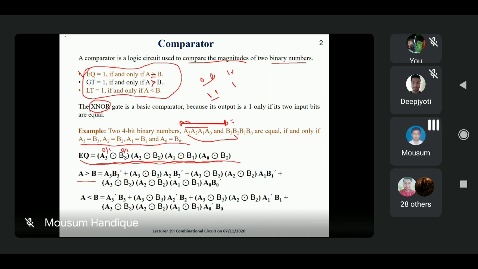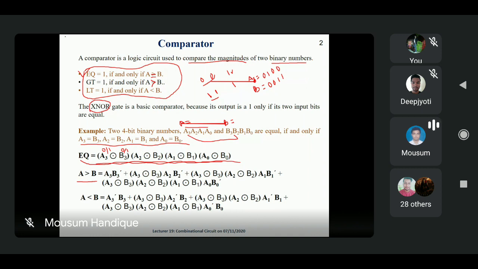Suppose A is greater than B. Suppose I am writing here A3, A2, A1, A0, and this one is A and this one is B, and B3, B2, B1, B0.